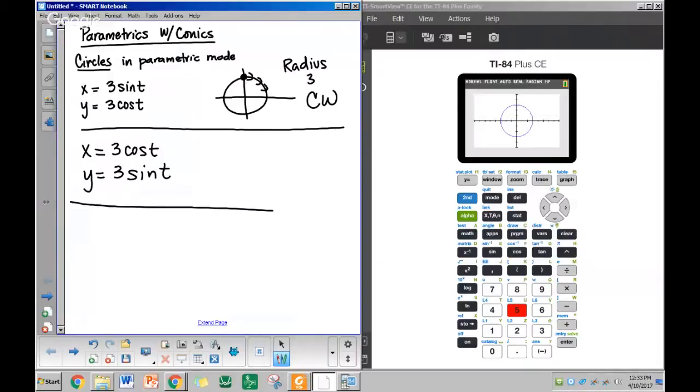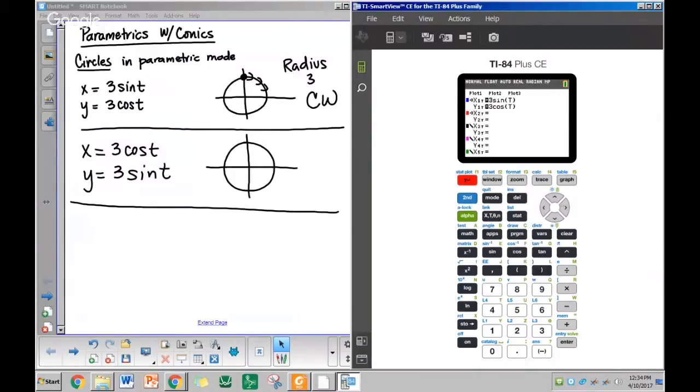It's still a circle of radius 3. Let's go to y equals and put a cosine here and a sine here, and I'm going to hit graph.